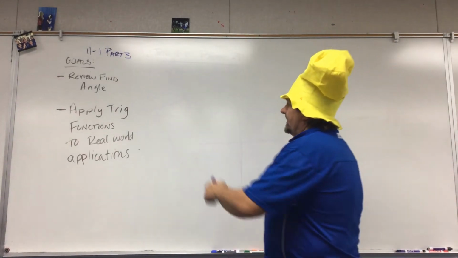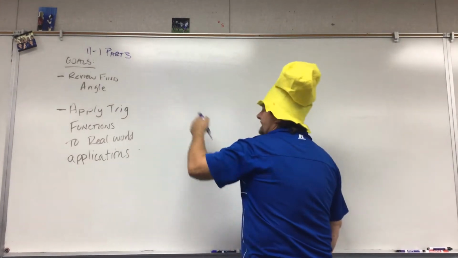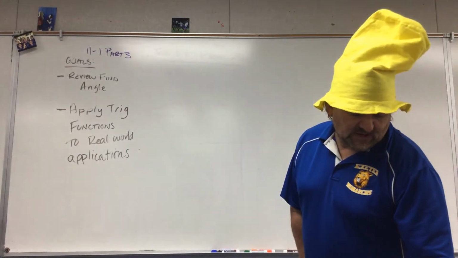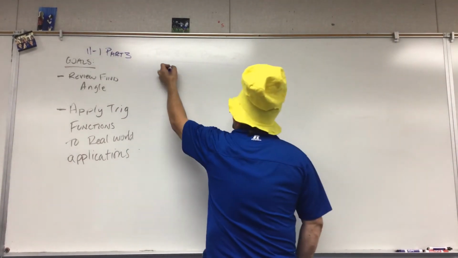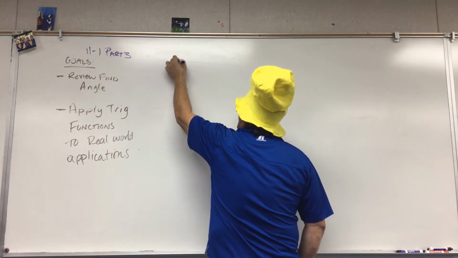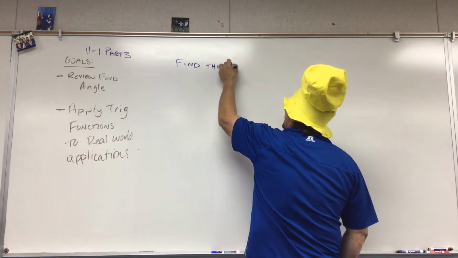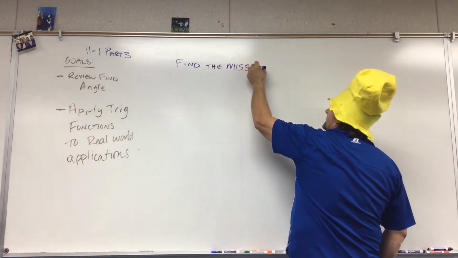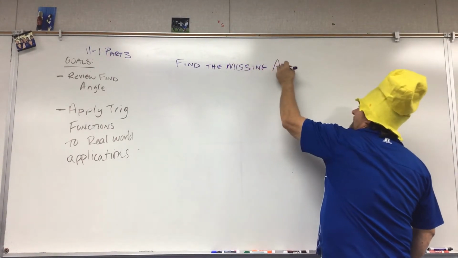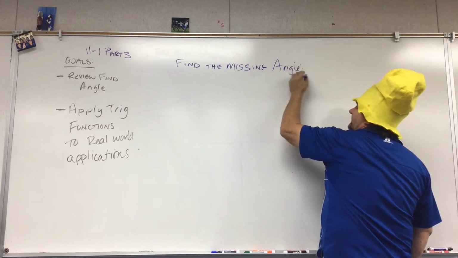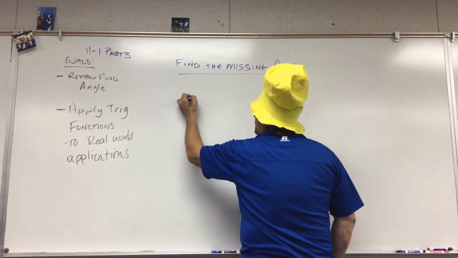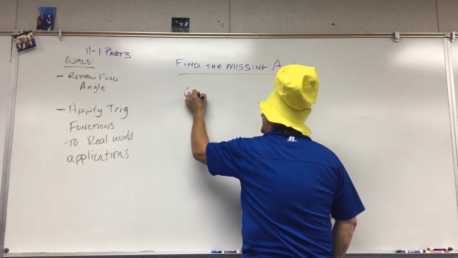So let's just talk about this review piece first. Let's talk about finding the missing angle. If we're finding the missing angle, we need to have a graph of it.